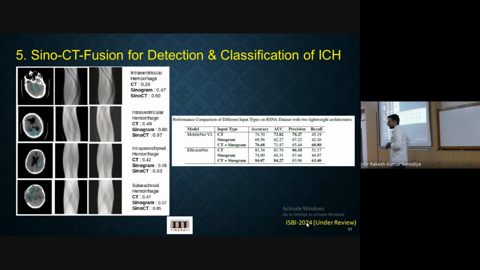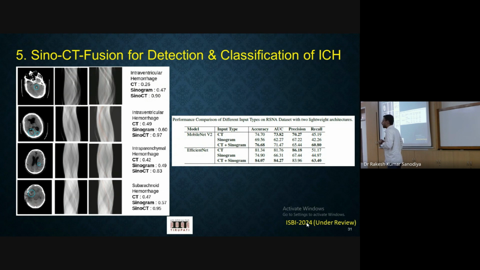Pretty good results have come. There is a significant improvement. Not only that, intuitively it also makes sense. For example, for the diagnostic accuracy, if I look at this lesion which has been inserted here, the CT-based method says with a probability of 0.26 that it is a tumor, and the sinogram says with a probability of 0.47.